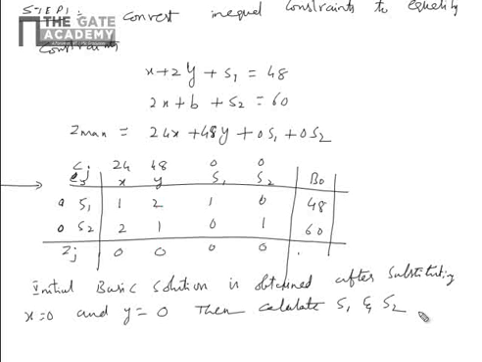Then calculate, next, Cj minus Zj. If Cj minus Zj are all negative values, then you can stop the solution. If there is any positive value, then you can improve the solution. So here a positive value is there, so the highest positive value decides the variable to enter.